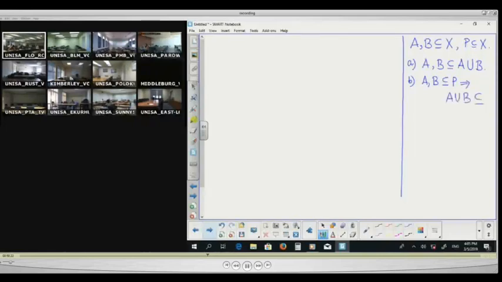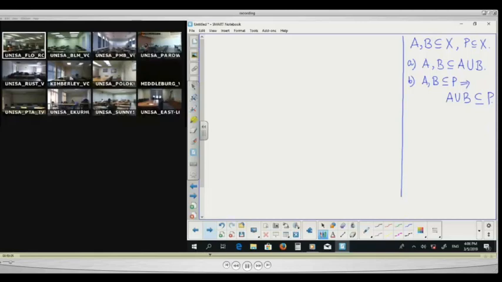Right? Now what do these two statements tell us? It tells us that A union B is a subset of X which contains both A and B and is the smallest such. You cannot have a subset of X which contains both A and B but doesn't contain A union B. So it's the smallest subset containing both A and B. Right?